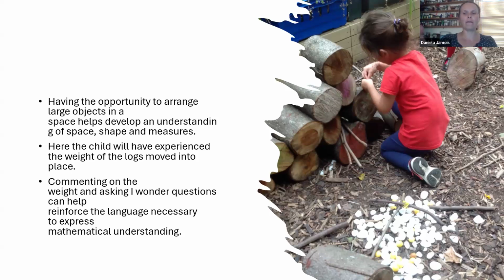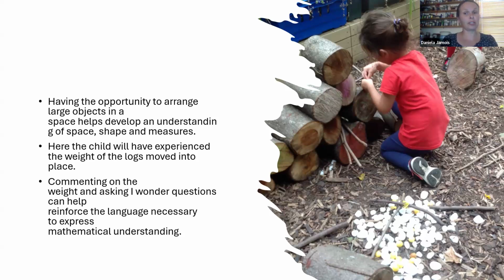So here we've got some plums from a tree that is on our forest school site, and they're really fun to manipulate and discover. And that gives the children a chance to see really large amounts. These big logs were really heavy, so the child was only able to move one at a time and really feel the weight of each of those.